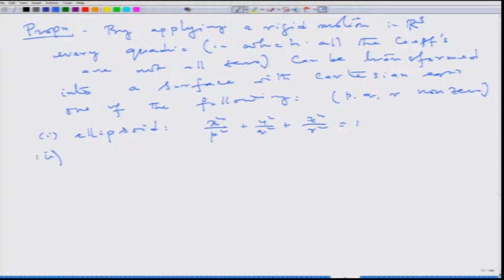Either ellipsoid or hyperboloid of one sheet, this is x²/p² + y²/q² − z²/r² = 1.